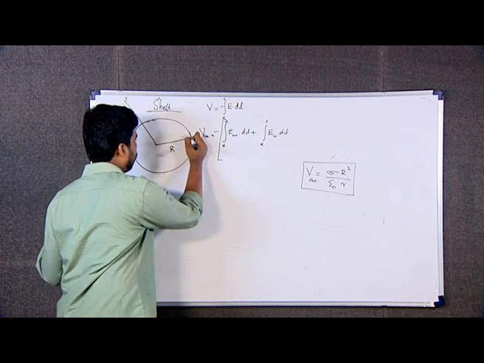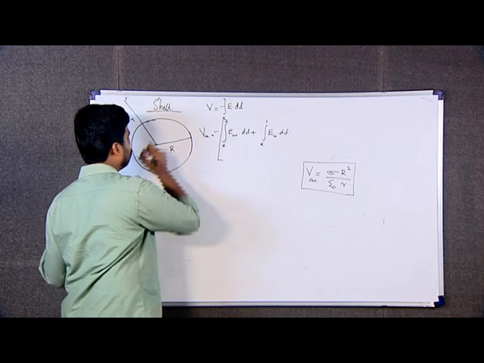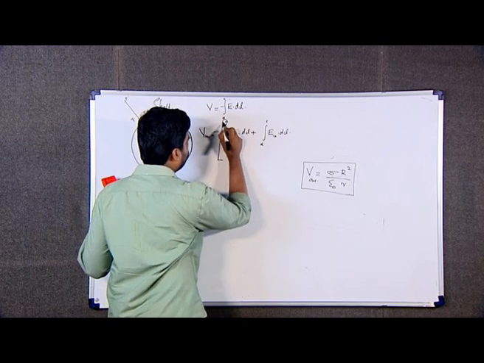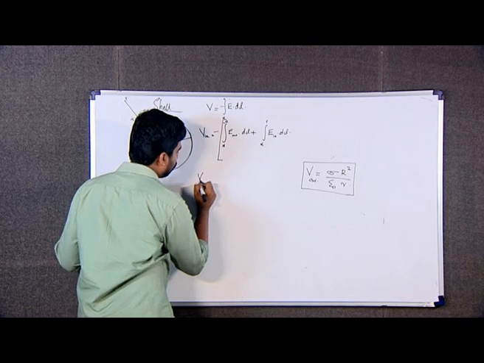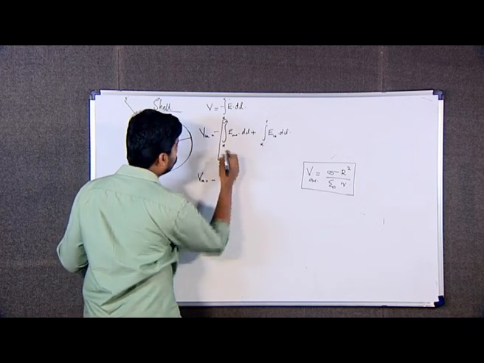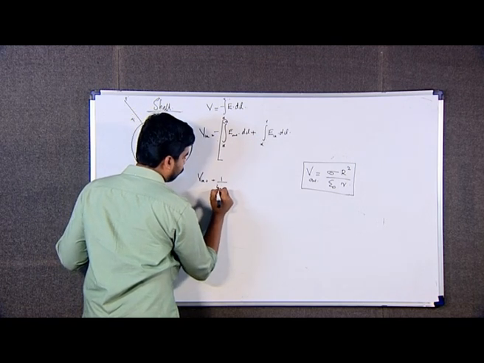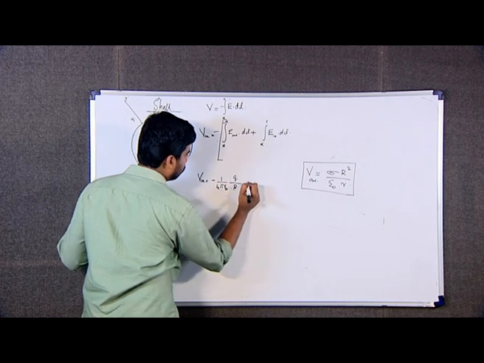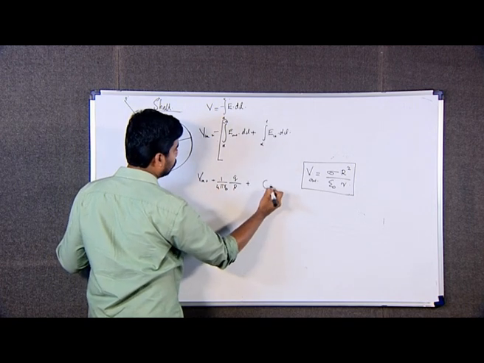Instead of this E out, I can take the limit as capital R. So V in is equal to minus the integral, which gives 1 by 4 pi epsilon 0 q by r plus the electric field inside the shell.